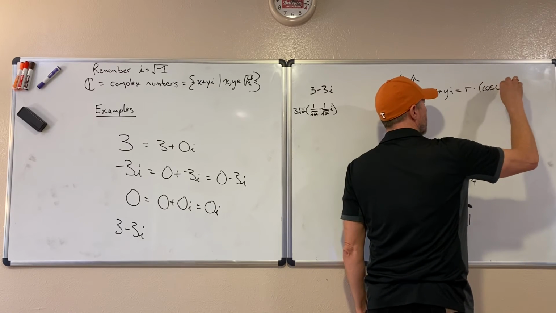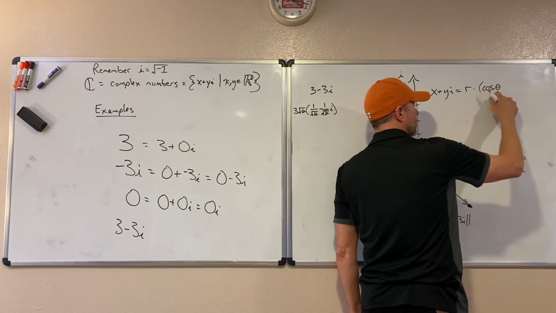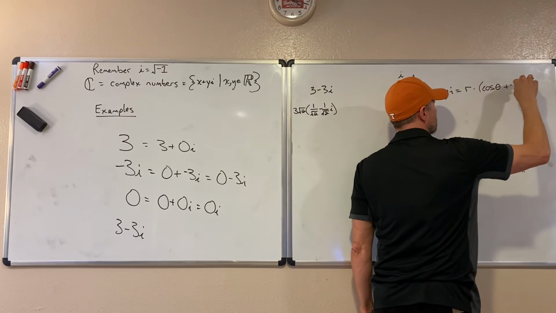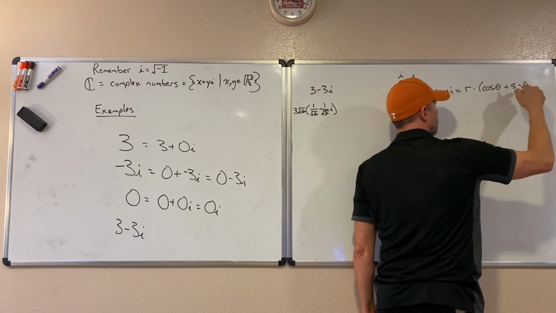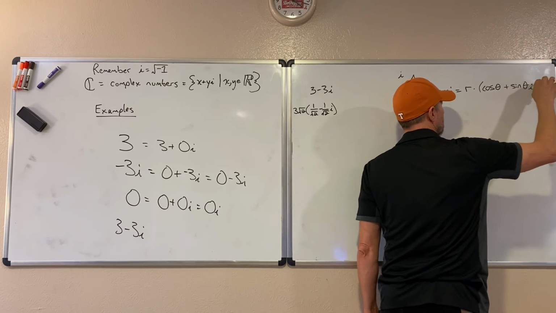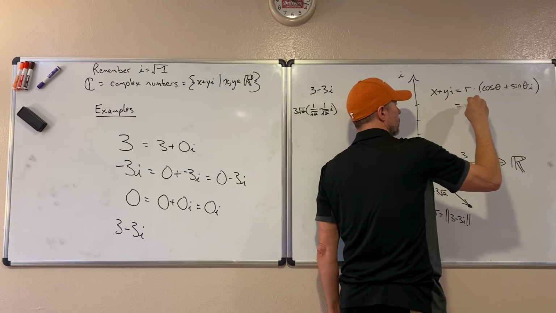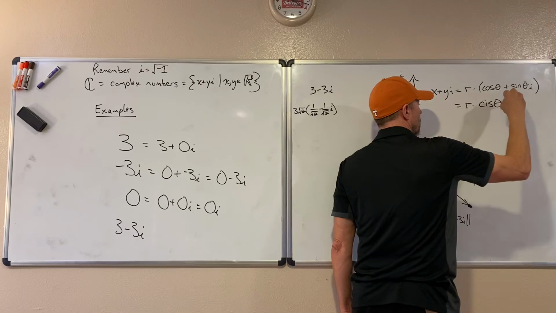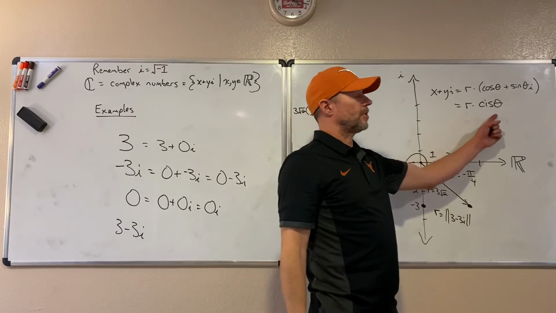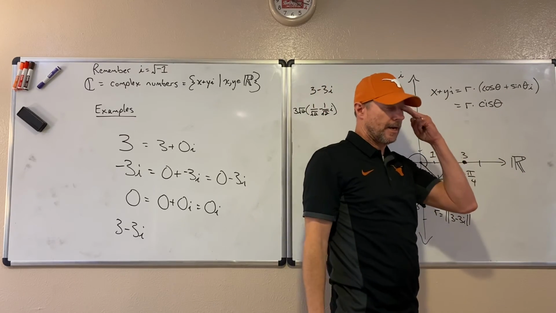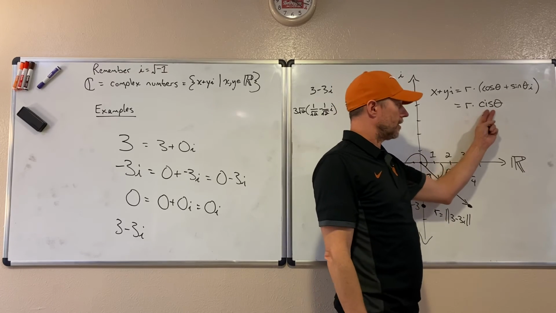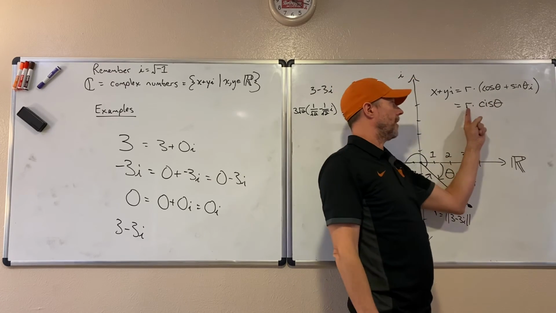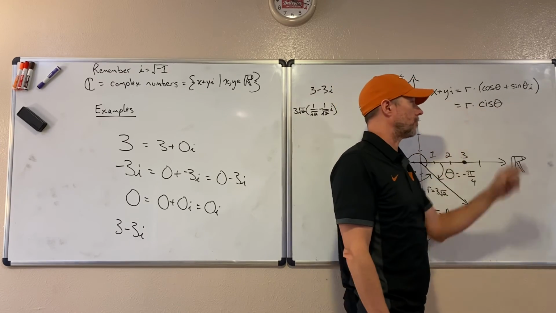Cos theta, where theta is the argument, plus sine theta, where theta is the argument, times i. There's often used a shorthand, but only use this shorthand notation if you're keeping in mind, if it doesn't confuse you, that this represents a binomial that the modulus will distribute across.